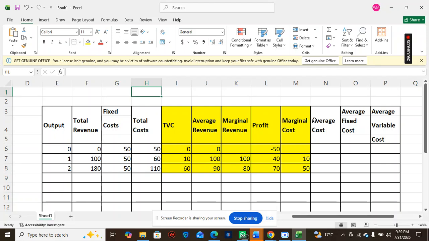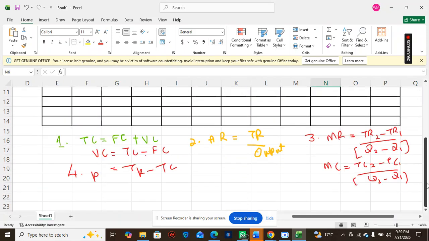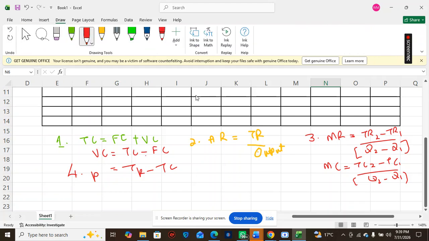Average cost, the average total cost per unit. Equation number 6: average cost is the total cost over the output.